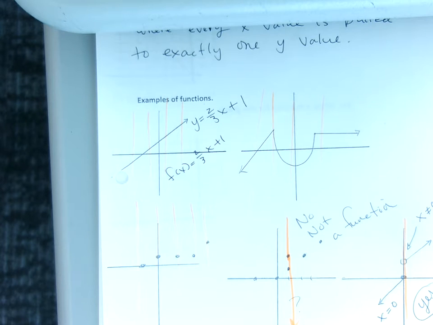x squared plus y squared equals 16. What? So it's centered at 0, 0, and a radius of 4. This is not a function. You guys agree? Yeah. And if you had to solve for y, could you solve for y?